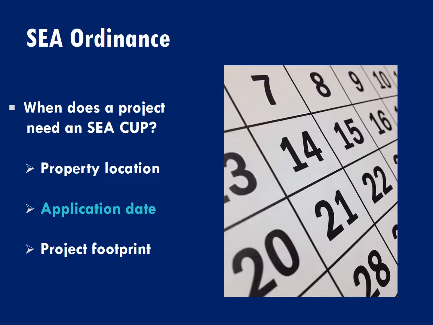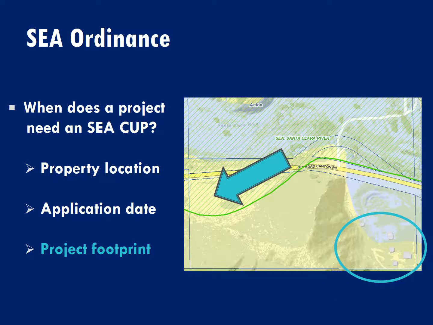The SEAs were updated in 2011 and 2015 in different parts of the county, so the complete application date is important to note. And third, where is the project in relation to the SEA? Depending on the factors already described, a project may not need a CUP if they have all of their development outside the mapped SEA.